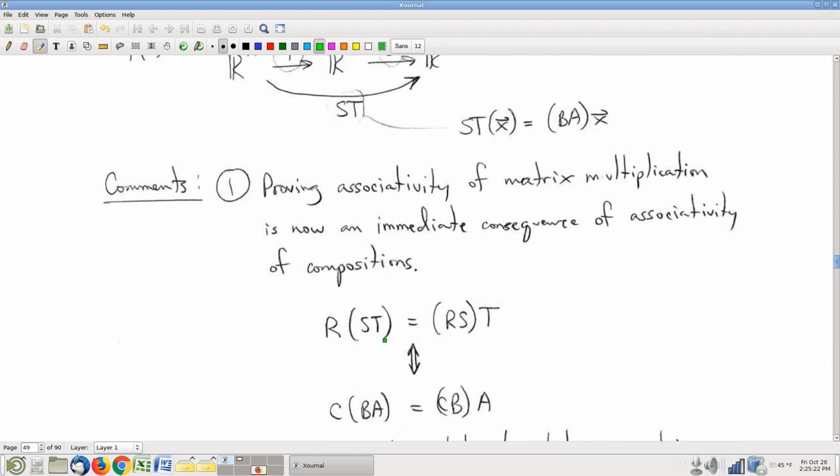And you may recall way, way back, section 1.2, the very start of the term, I never proved this. We're closing up loose ends here at this point. I proved a bunch of facts about matrix multiplication, but I never proved that matrix multiplication was associative.